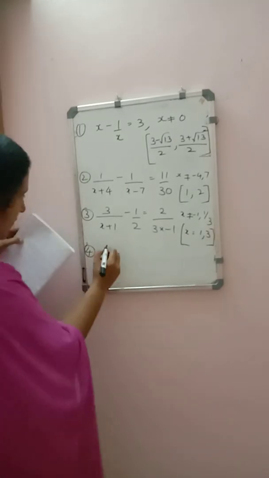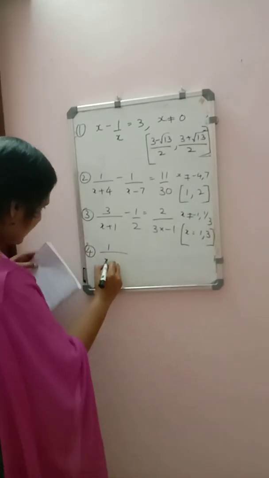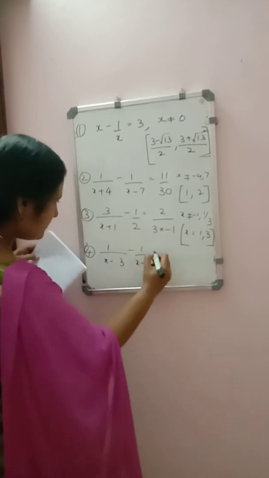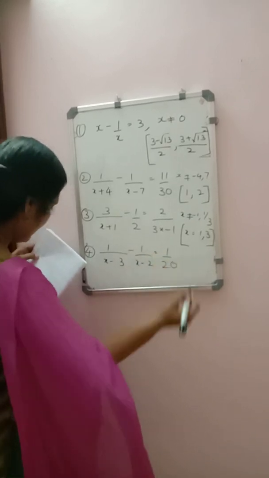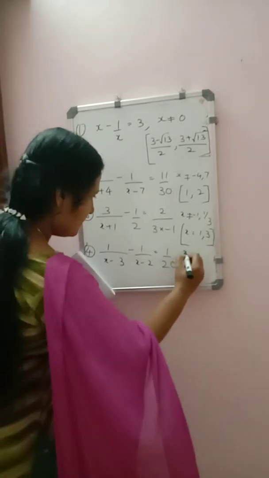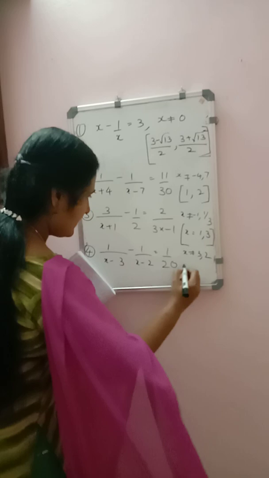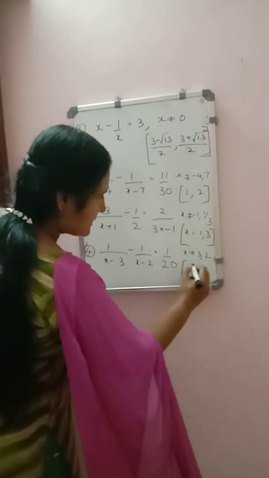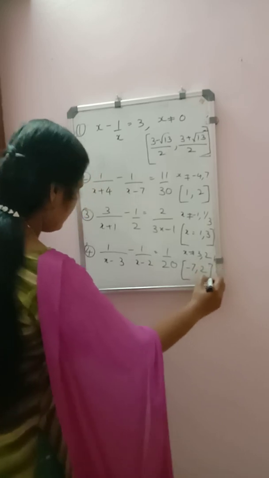Next question: 1 by x minus 3 minus 1 by x minus 2 is equal to 1 by 20. Condition given, x not equal to 3 and 2. And the answer to this question is x equal to minus 7 comma 2.